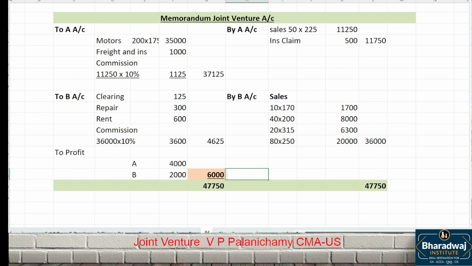Is it prepared in the books of A or B? Not both. It is prepared in a separate sheet, based on the information given by A and the information given by B.